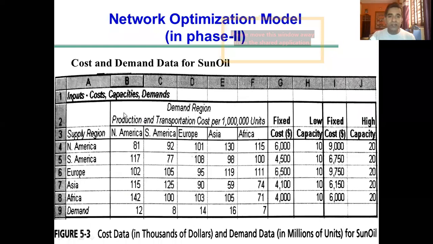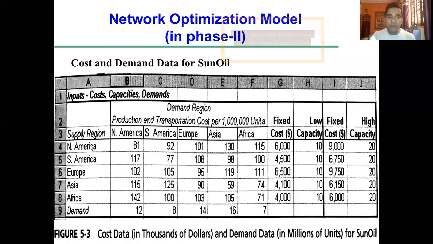This is the demand region. The demand in North America is 12 million units. The demand in South America for the company's products is 8 million units. The demand in Europe is 14 million units. The demand in Asia is 16 million units. And the demand in Africa for the company's products is 7 million units.